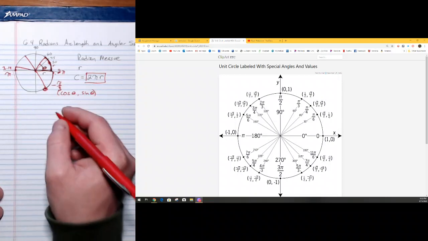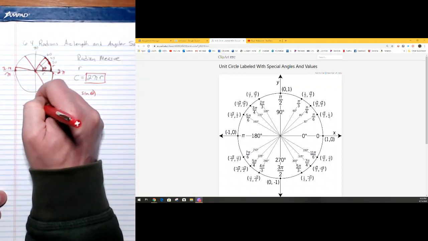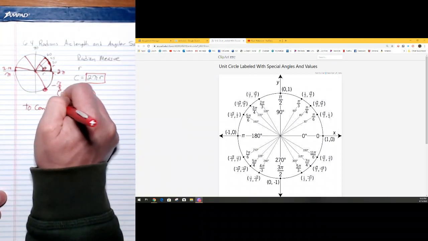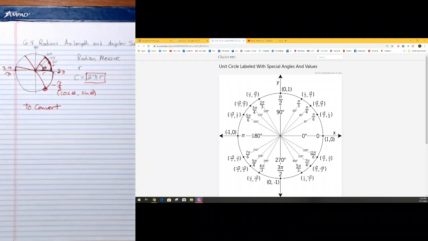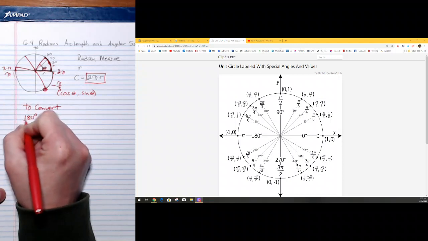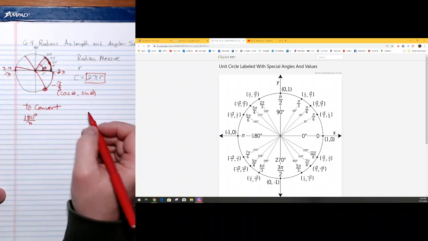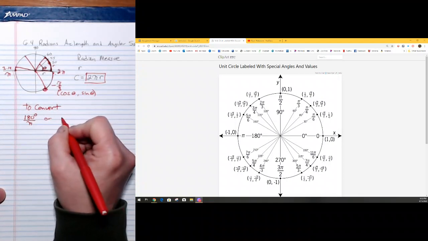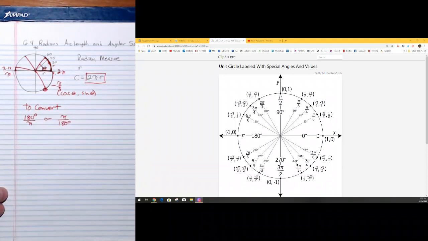Now to convert, it's actually quite simple. You use this fraction where we have 180 degrees divided by pi, or you do pi over 180 degrees.